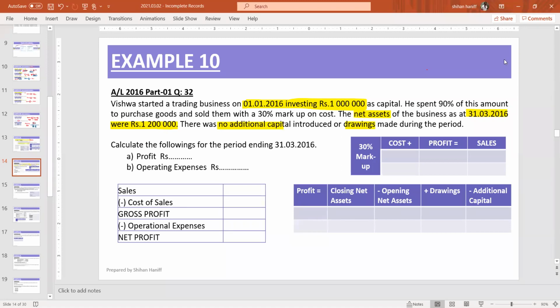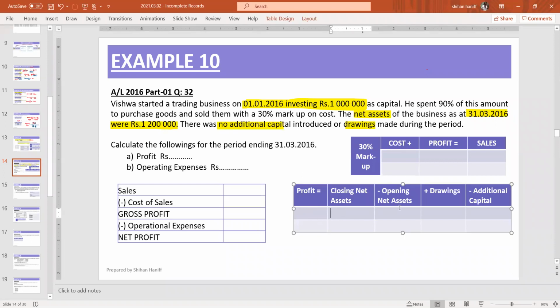It's very simple. 200,000. So closing net asset is 1.2 million. Opening is 1 million. No drawings, no additional.